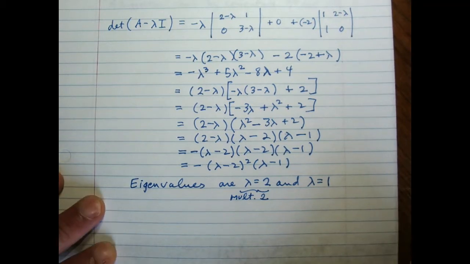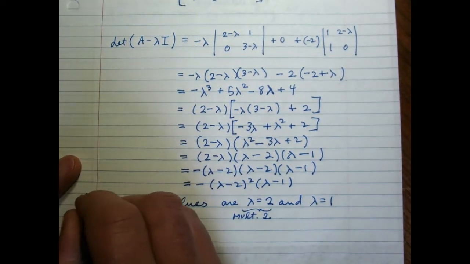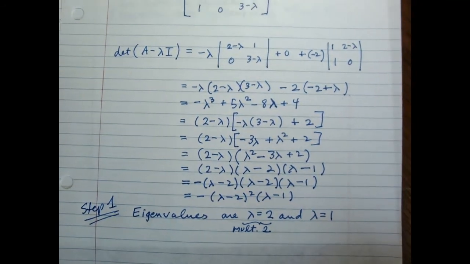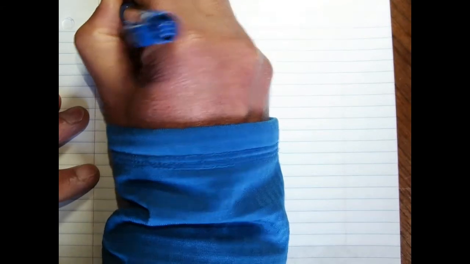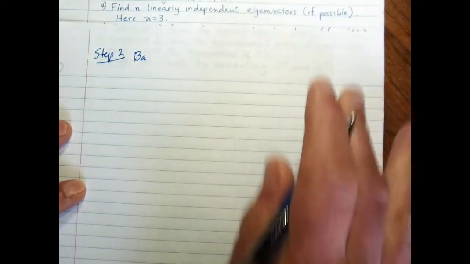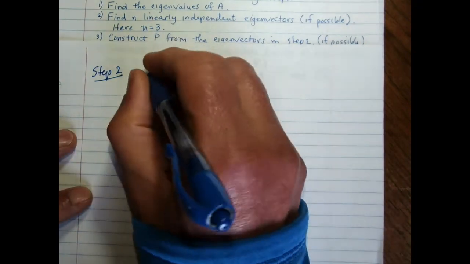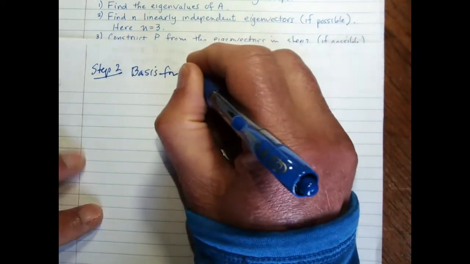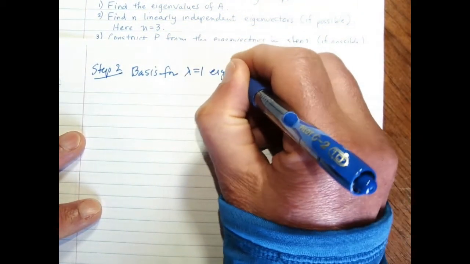So we found our eigenvalues. Now what we're going to do is look for a basis for each one of the eigenspaces. So in step 2, we're going to look for a basis for, let's take the lambda equals 1 eigenvalue.